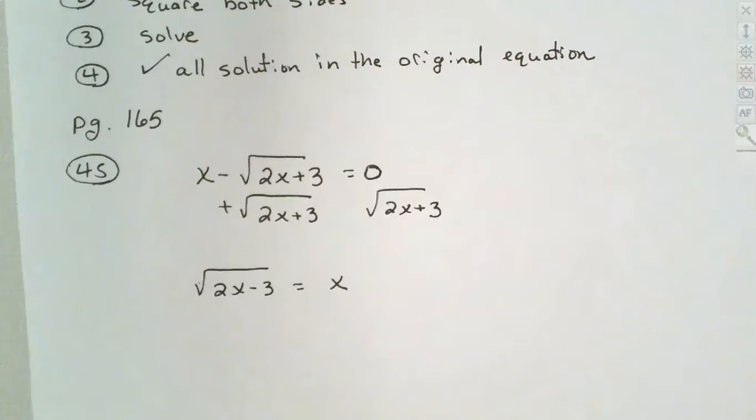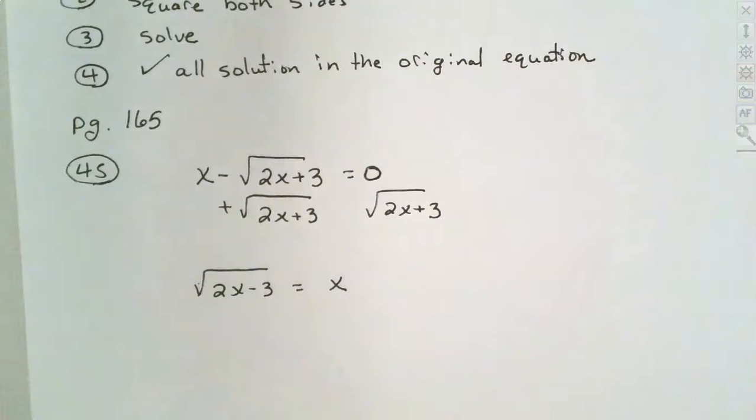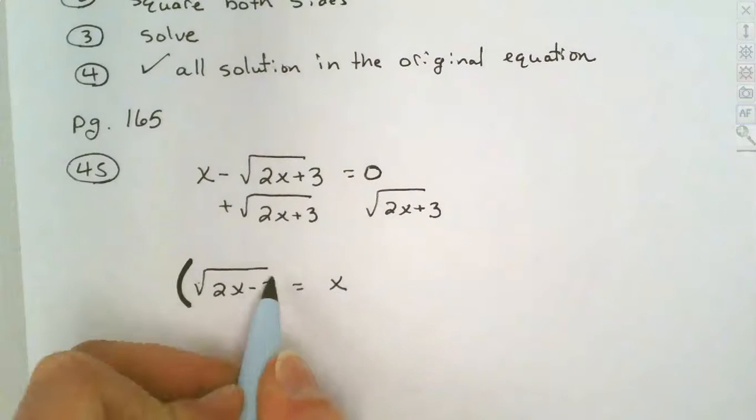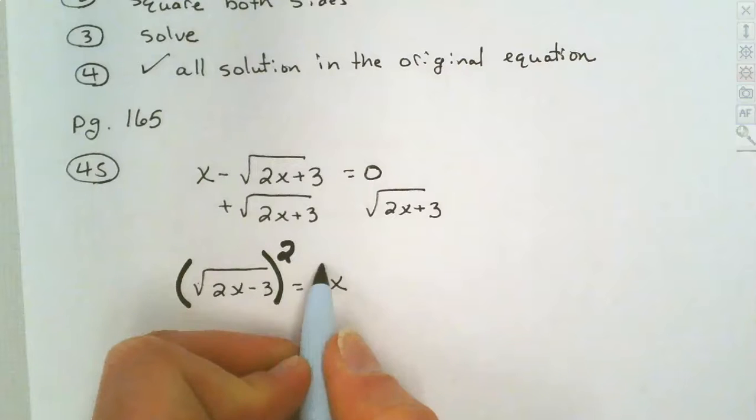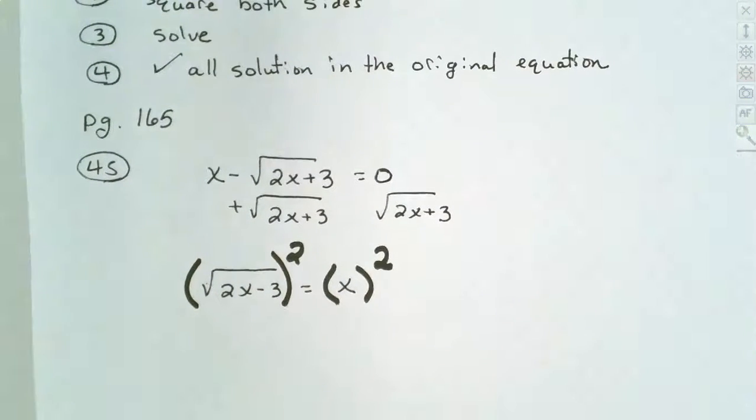Okay, how do we get rid of a square? What's the opposite of a square? A square root. So what's the opposite of a square root then? A square. So how are we going to finish this one out? We're going to have to square both sides. So go ahead and square both sides.